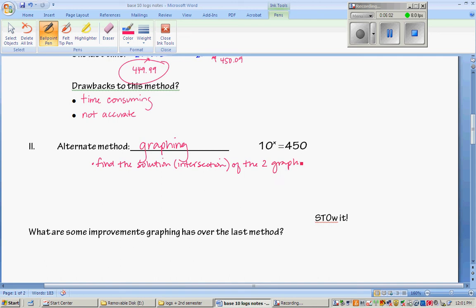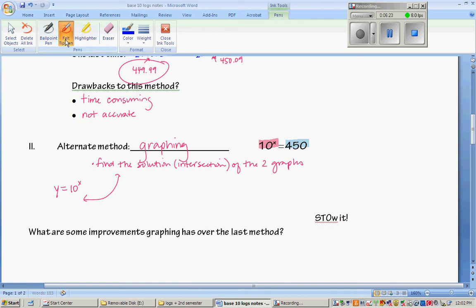And you might say, I don't see two graphs, I see one equation. But if you remember, we're going to do y equals 10 to the x, and then we're also going to do y equals the line 450. So let's take a look at how this is going to play out. We're going to do y equals 10 to the x in our calculator, which is going to be an exponential growth type thing.